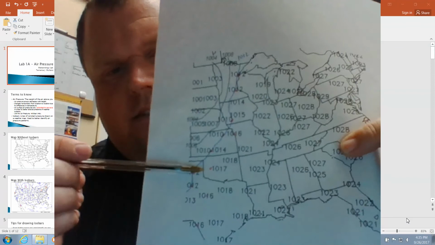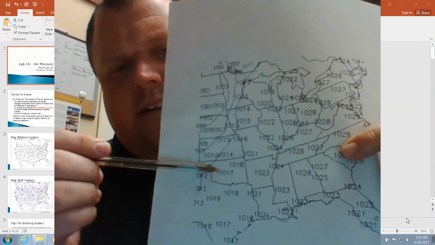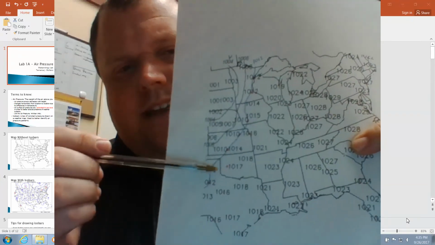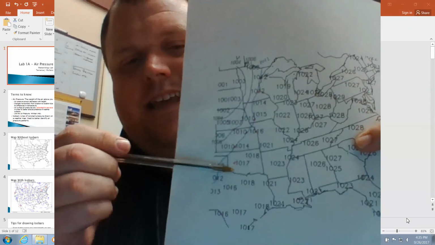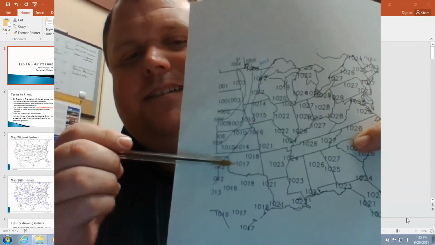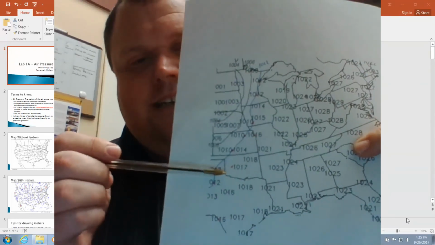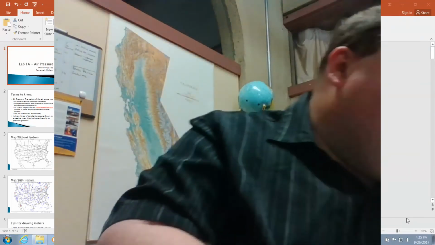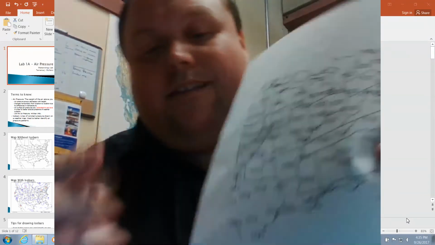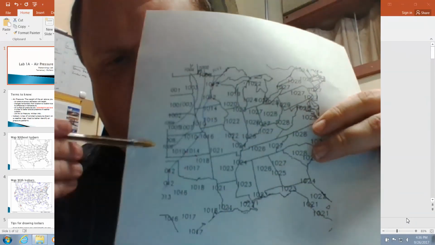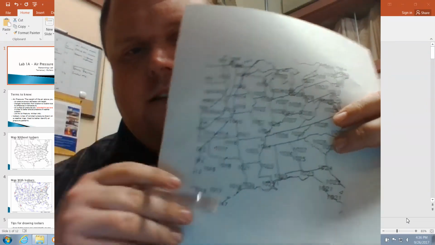If it's 1012 here and 1017 right here, 1016 is going to be somewhere between those 2 points. And it's probably going to be somewhere closer to the 1017. You could do the same thing right here between 1014 and 1018, right in between the 2. And then you could do the same thing.